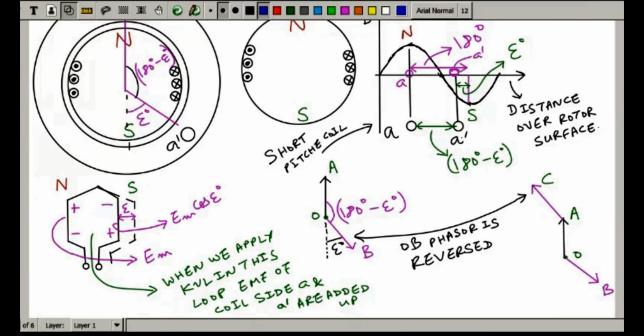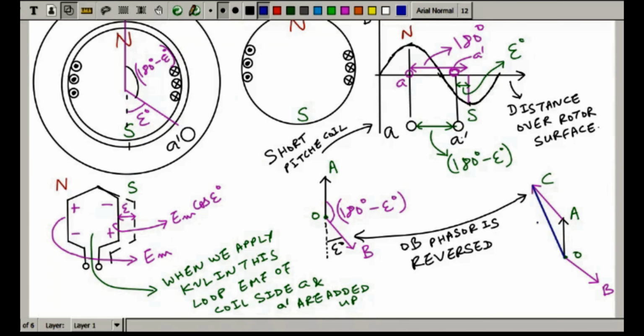So what is the voltage which is actually available across the terminals? Let me show you the voltage available across the terminals. So this OC is the voltage available across the terminals of the short pitch coil.